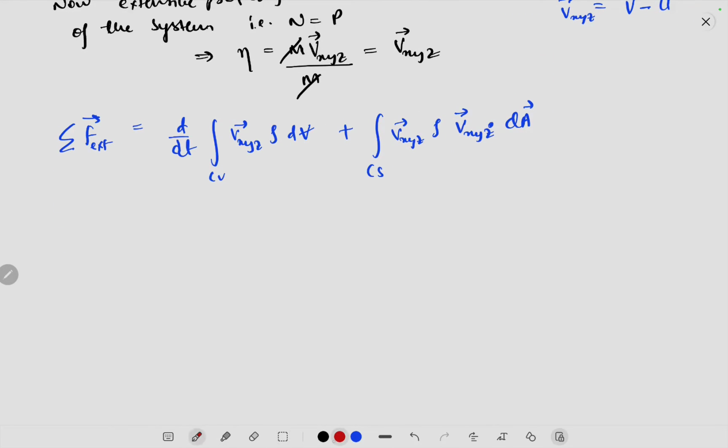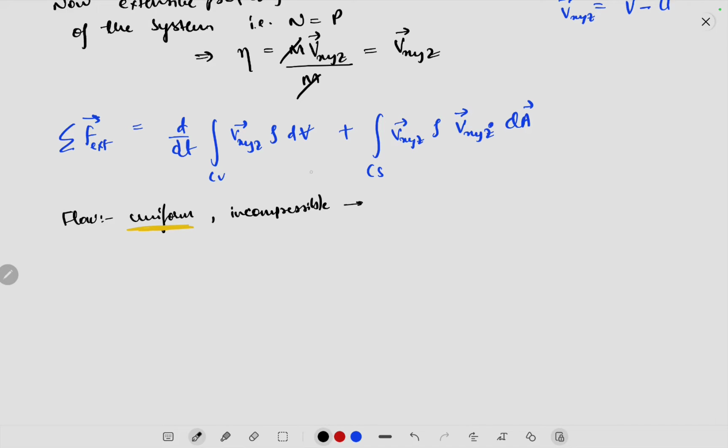Now let's see, in the problem you are given that the flow is uniform and fluid is incompressible. Let's say you are given this condition. Then what will happen to this expression? Let's see. So first of all, let's consider uniform flow.